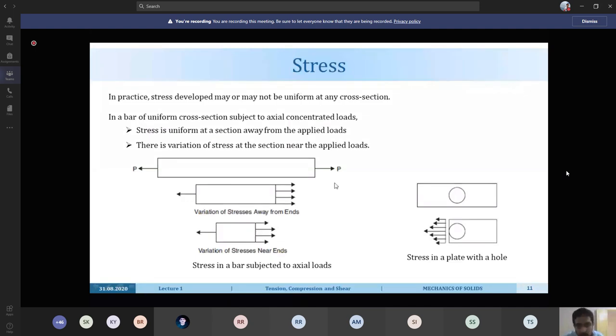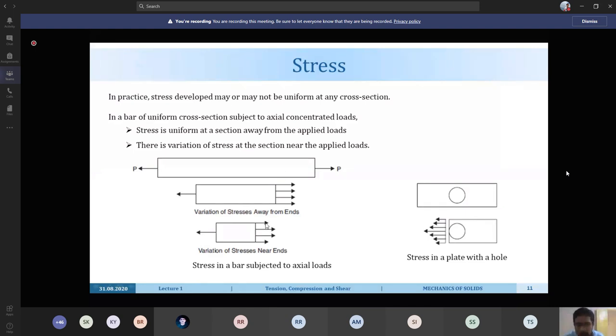At the point of action of the load, at that region, more stress will be developed. And when you move away from that region, the resistive force developed will be slightly less.